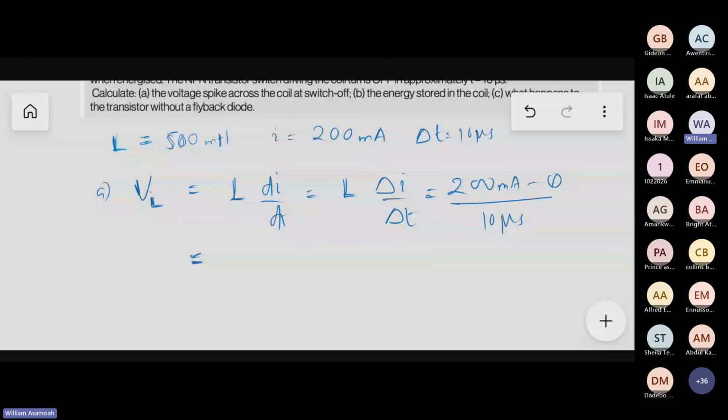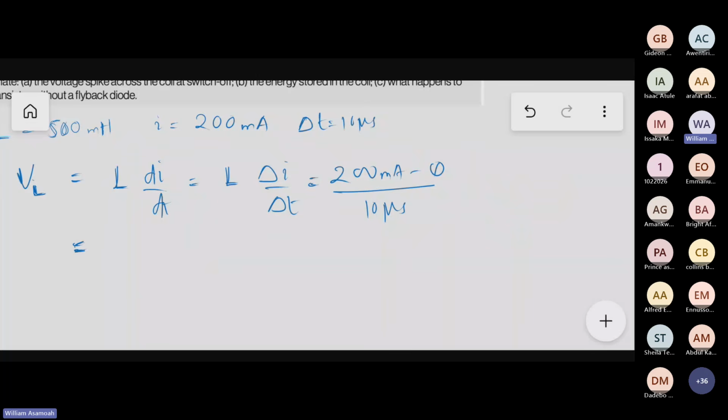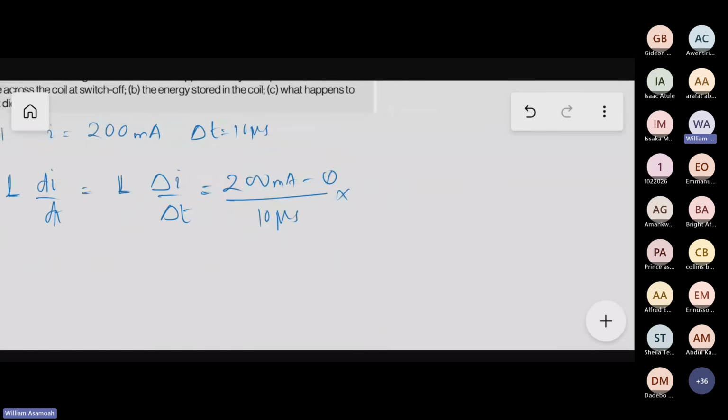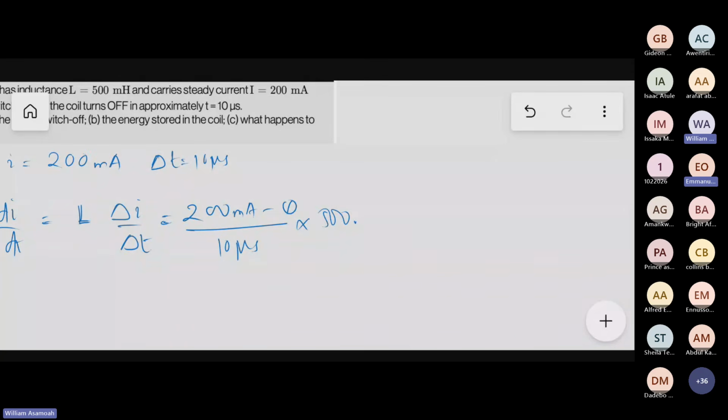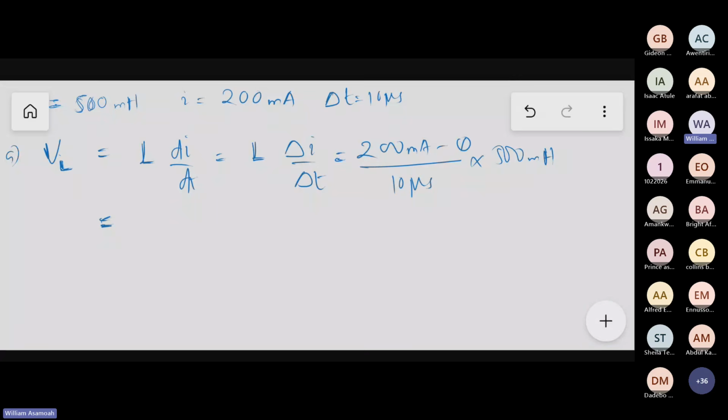200 milliamperes over 10 microseconds is equal to what? Times 500 millihenries.